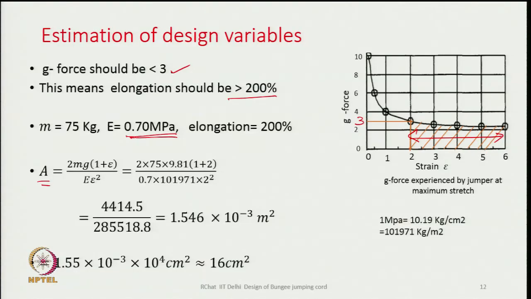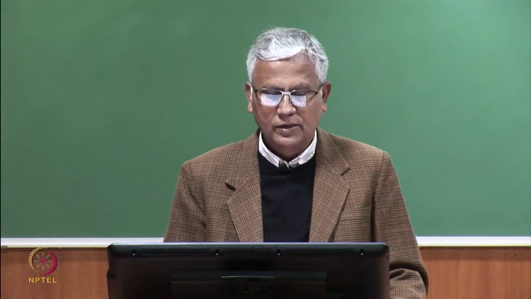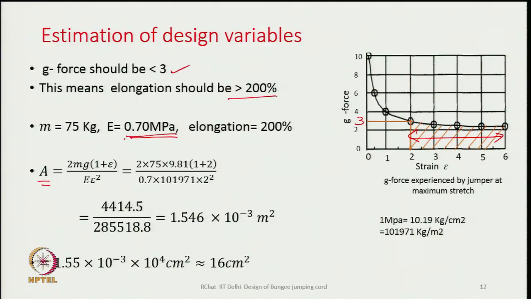So, we are using actually that part of the stress strain curve where the stress and strains are proportional to each other, otherwise it is basically a non-linear relationship. So, from there the value of E is this, elongation limit we have to keep it at 2, that means 200%, strain is 2, because it has to be 200% or more, not less than that.